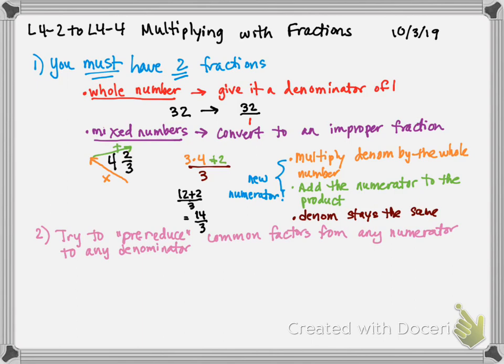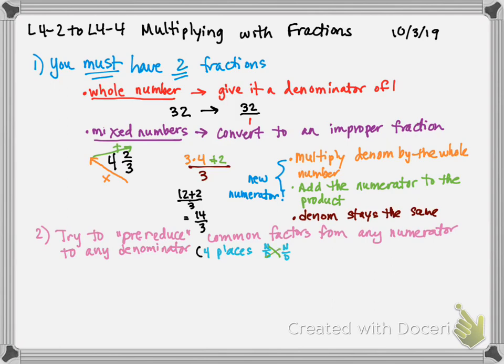Now, there are 4 places you can look, so if you think about it, 4 places to look. You've got a numerator, denominator, numerator, denominator. One place could be on a diagonal from the left numerator to the right denominator, or we could go from the right numerator back to the left denominator.